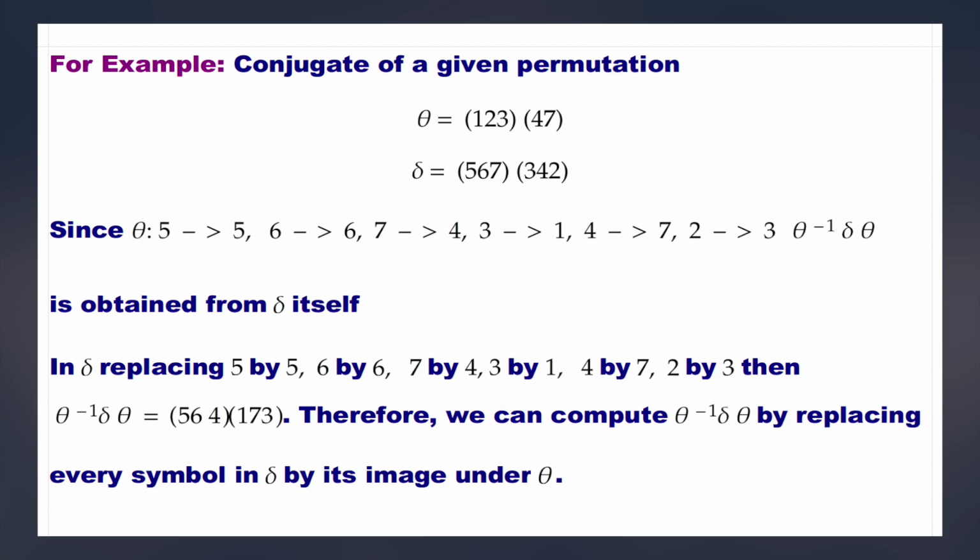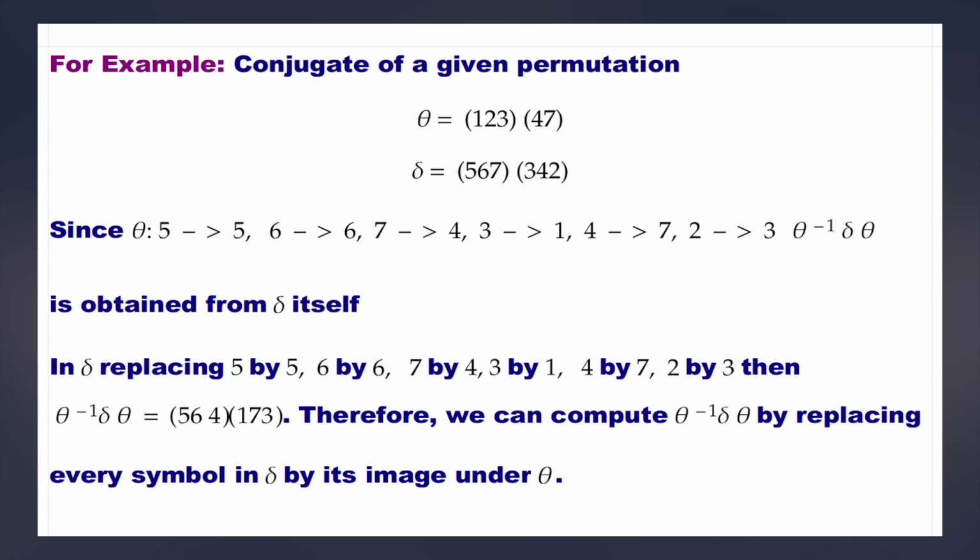For example, to find a conjugate of a given permutation, theta is equal to the cycle (1, 2, 3) times the cycle (4, 7). Delta is equal to the cycle (5, 6, 7) times the cycle (3, 4, 2). Since in theta, 5 goes to 5, 6 goes to 6, 7 goes to 4, 3 goes to 1, 4 goes to 7, 2 goes to 3, theta inverse delta theta is obtained from delta itself.